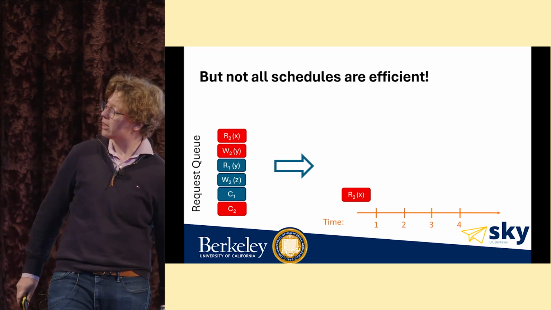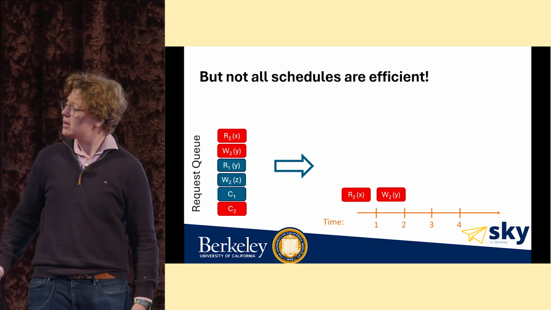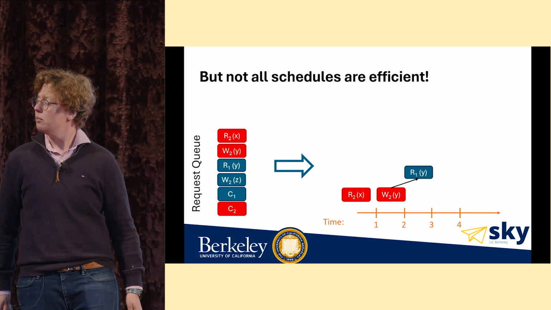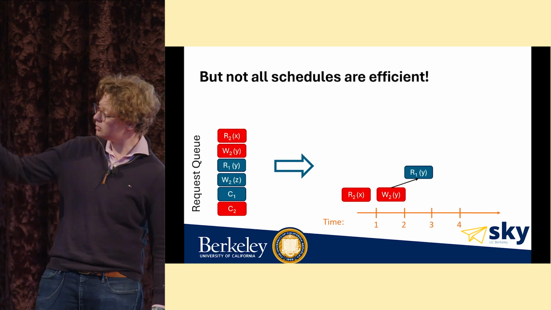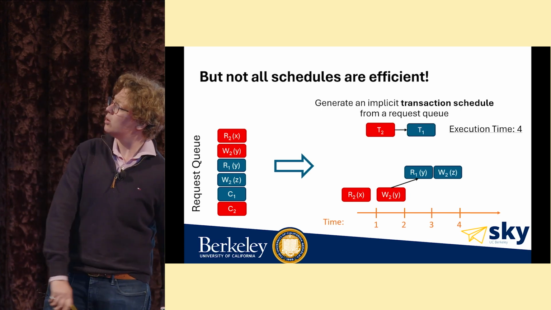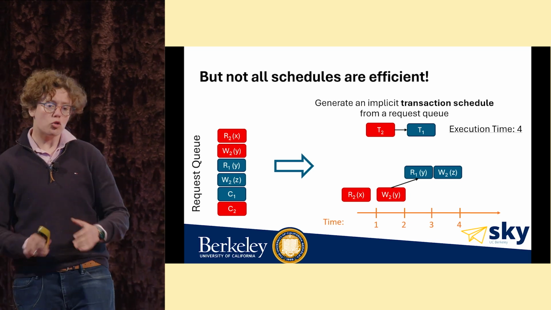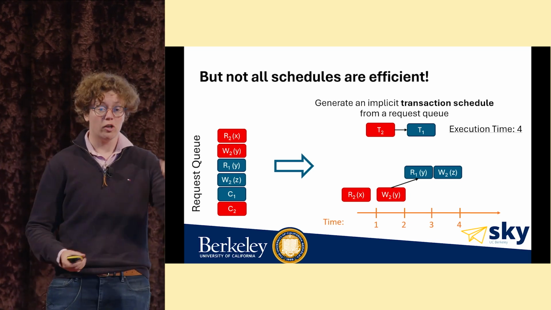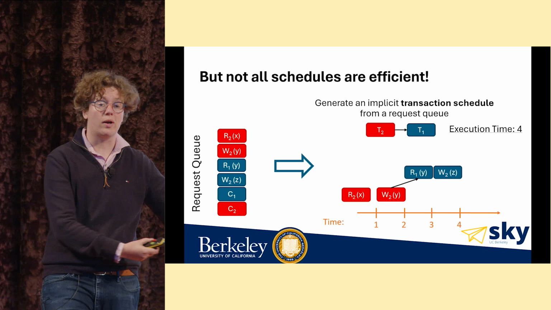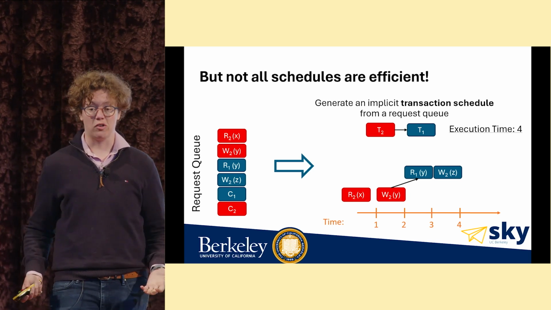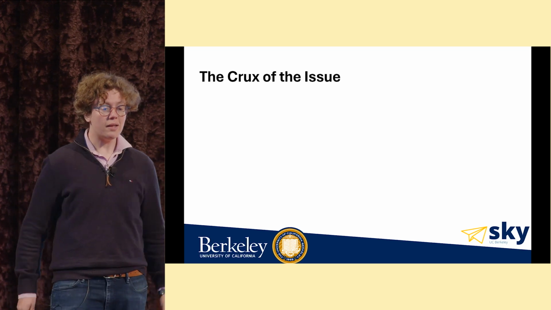So you'd have executed X first, followed by Y, and then because the first operation of the blue transaction conflicts, it couldn't start before the red one, and so now the schedule would have taken 4 time units to execute. So just by chance, just based on the order in which transactions were in the request queue, we've doubled the time it takes to execute the transactions. And that's the crux of the issue.